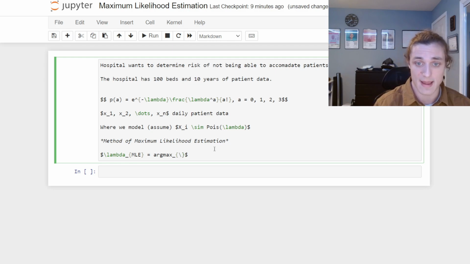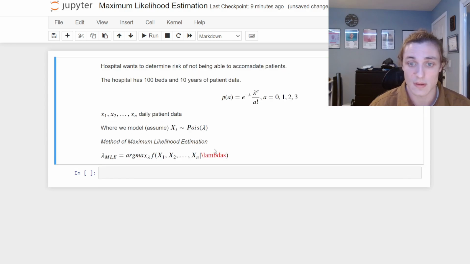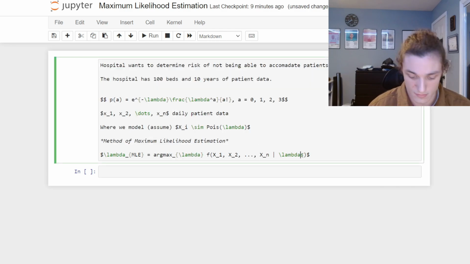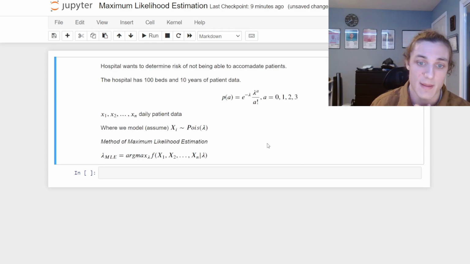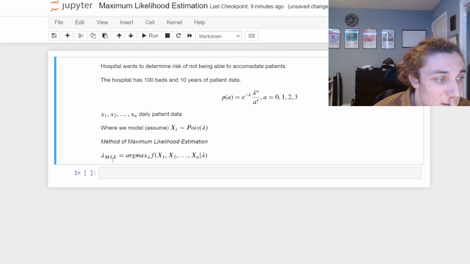We are going to maximize the probability mass function that is a function of our sample of random variables given the parameter.